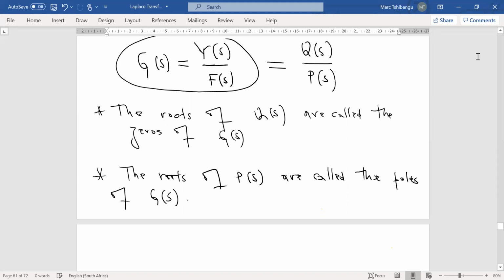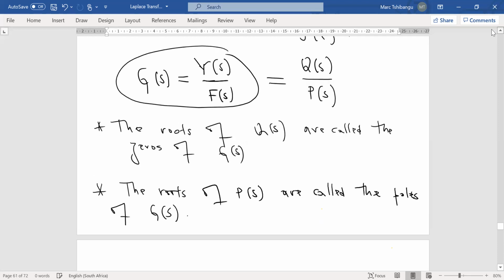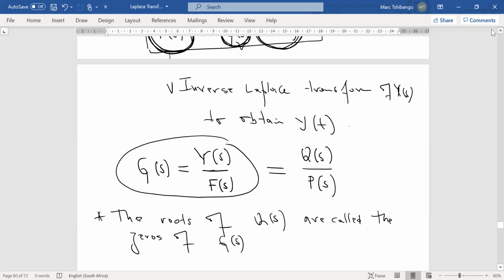So, in summary, once you have a process model, you can determine the behavior of a process easily, and I've shown you how to do that. You can just induce a change and be able to see the results, the output variables.